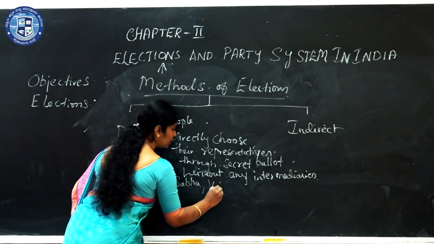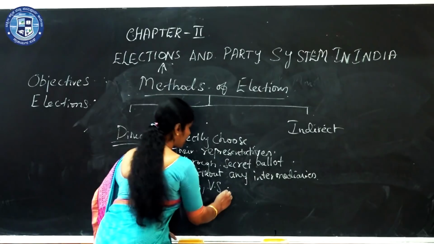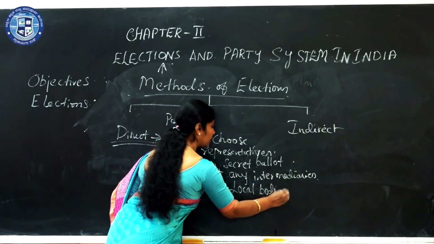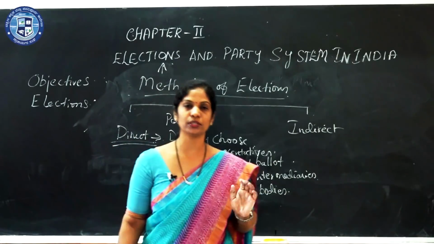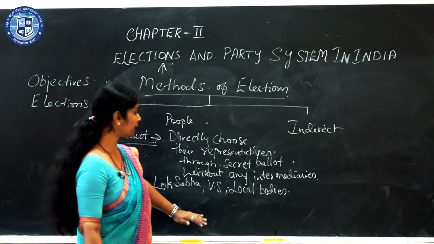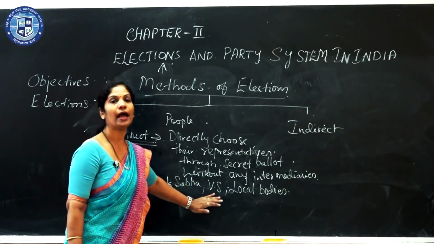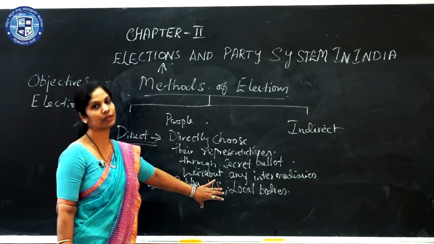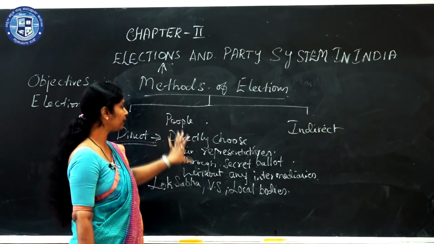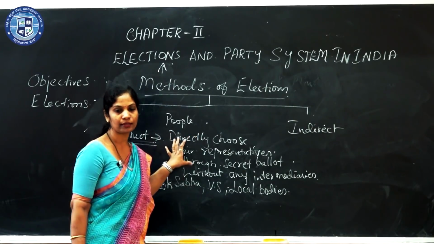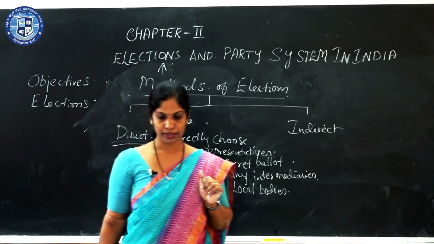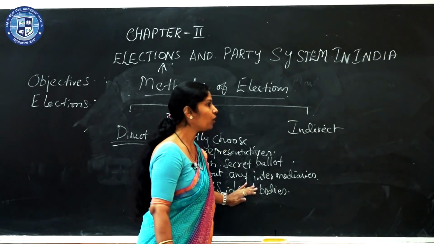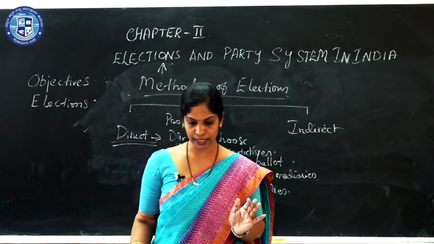In the states you vote for Vidhana Sabha and to some of the local bodies, maybe your Gram Panchayat members or the Taluk Panchayat members, you directly go to the polling station and you select or elect whomever you wish to become the leader. Isn't it? That method is known as the direct method. I hope you have understood. So elections to the local bodies also are held on this method or on this basis.